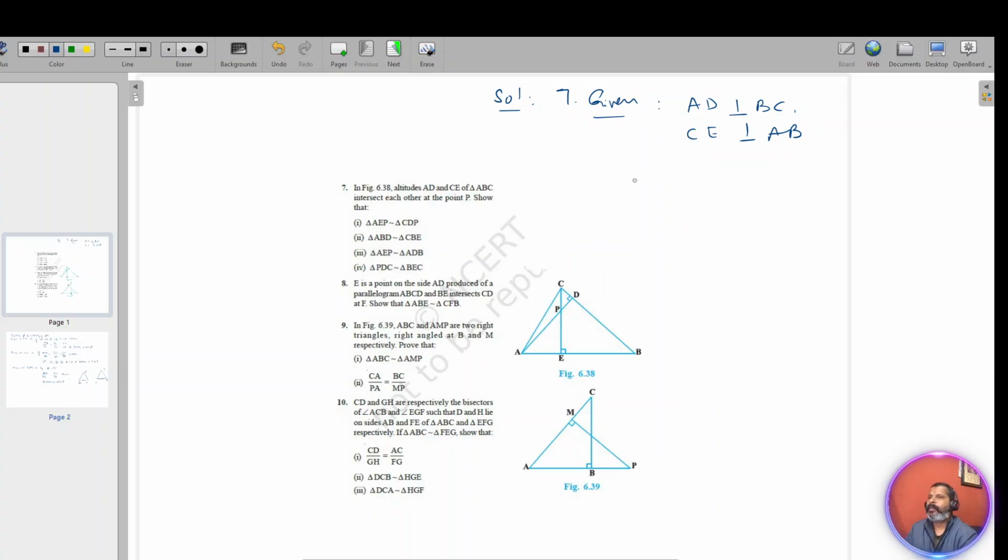Given, meaning I'm not writing here, this means ADB is 90, ADC also 90, CEA 90, CEB also 90. We can write that, right? See, ADC equal to ADB equal to 90, because we are using this in the proof.